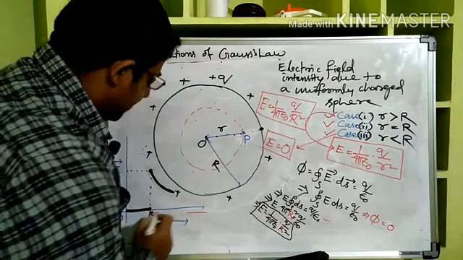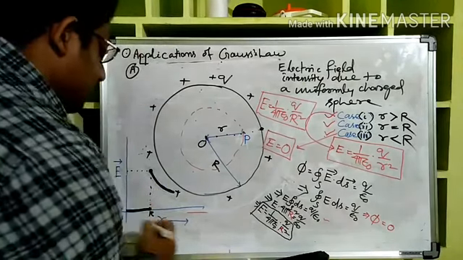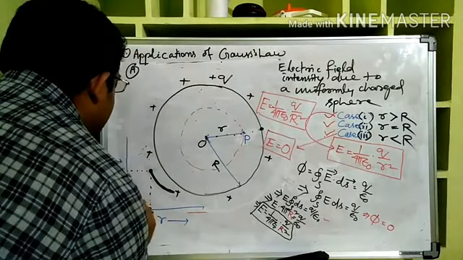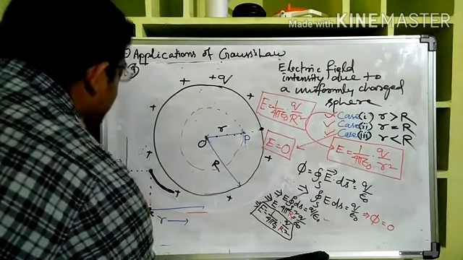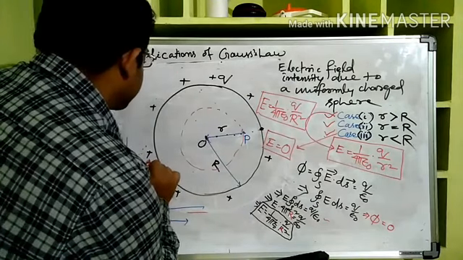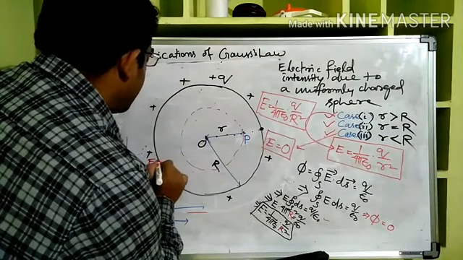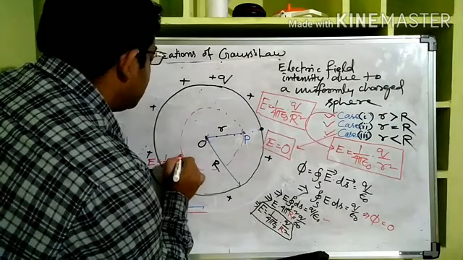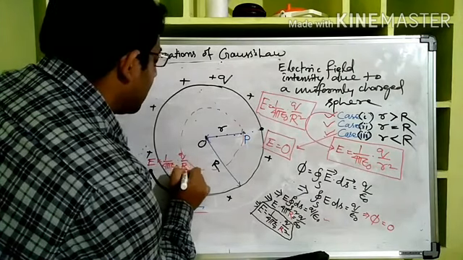So till r becomes R, E is equal to 0. In this region, E is equal to 0. When r becomes capital R, E is maximum, and the value is equal to 1 by 4 pi epsilon naught q by capital R square.